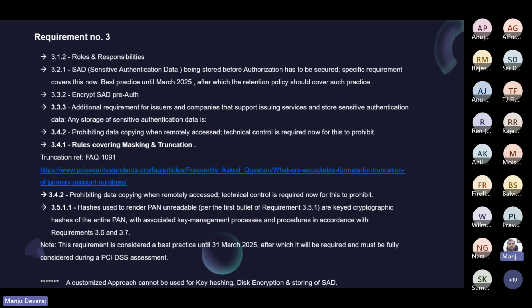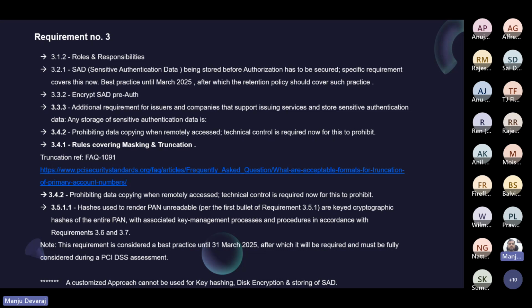Summarize once again, list roles and responsibilities. Sensitive authentication data being stored before authorization has to be secured, and covers this specific requirement, but still it's a best practice until March 2025, after which the retention policy should cover such practice. You should have a retention policy on that also. Encrypt SAD pre-authorization, and additional requirement for issuers storing post-authorization.